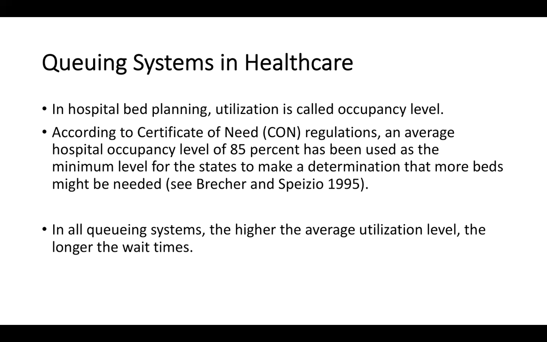For example, the state of California does not have certificate of need regulations. So the healthcare systems, the healthcare units here, are not performing based on certificate of need regulations. So they end up expanding their capacity based on different routes.